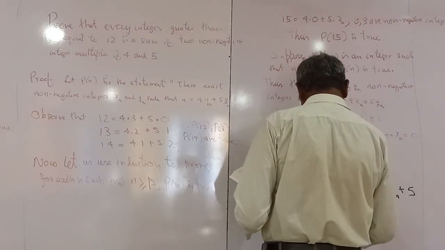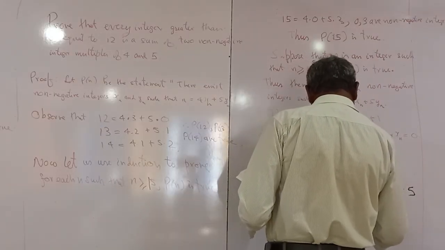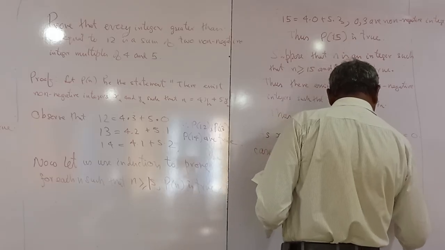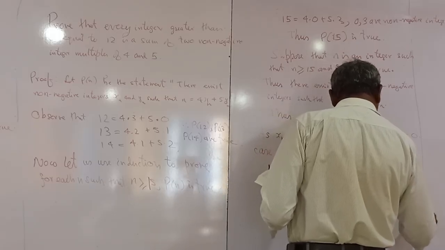Therefore, this is equal to 4 times (x_n minus 1) plus 5 times (y_n plus 1).